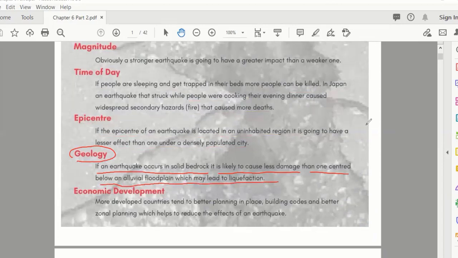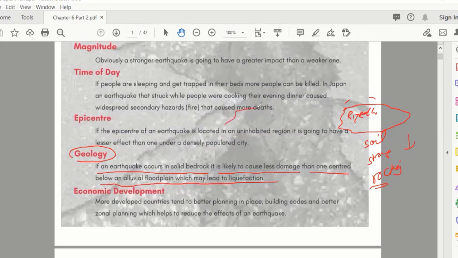Now, for example, if you see Saudi Arabia, especially if you are living in Riyadh or in a nearby area, the soil is very strong, it is rocky. When they dig up, they find rocks.